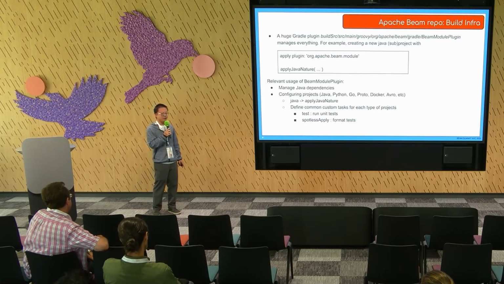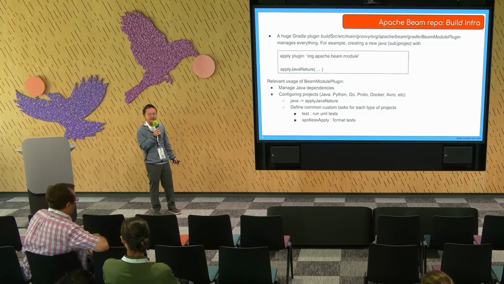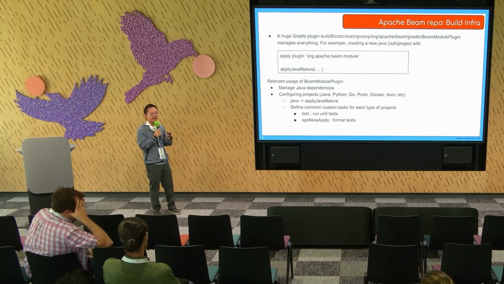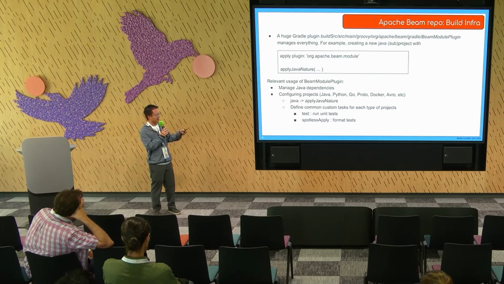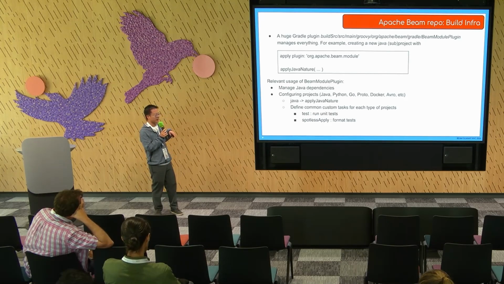Even though we have a homemade Beam module plugin, we try to follow standard Gradle practice. There is a standard Java plugin, and in the Beam module plugin we set up this Java plugin, and it's used the same way as in a typical Gradle project.